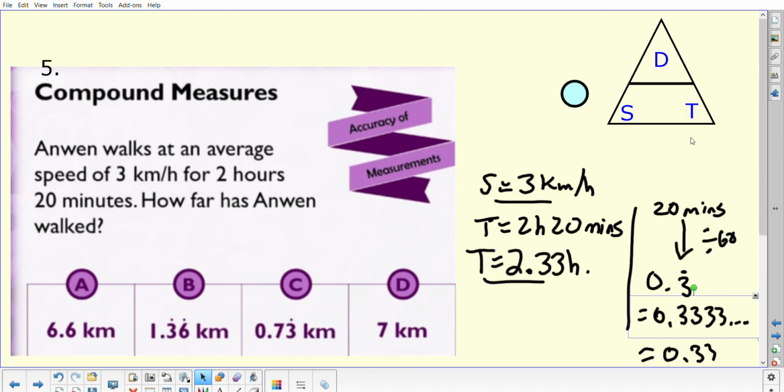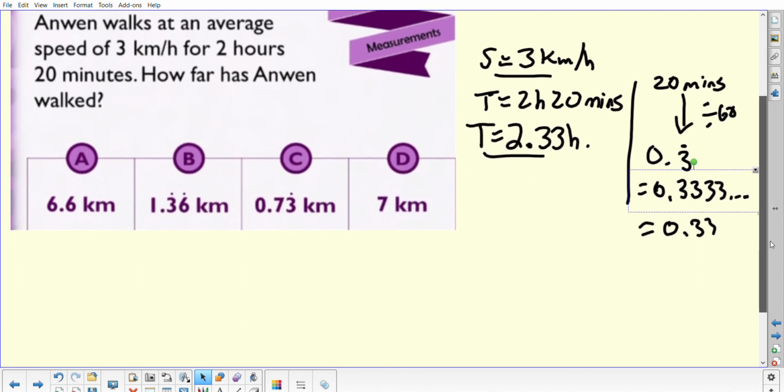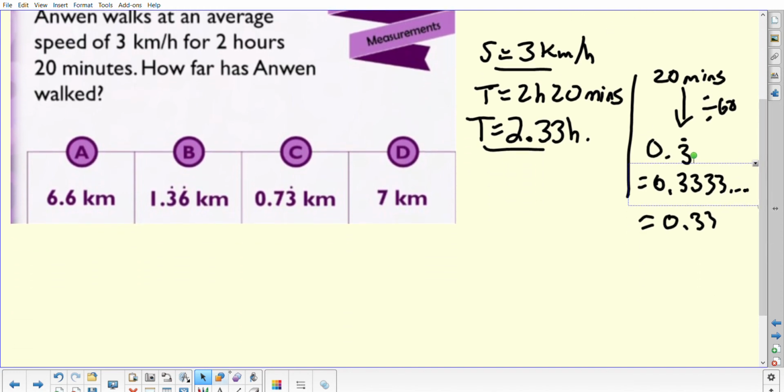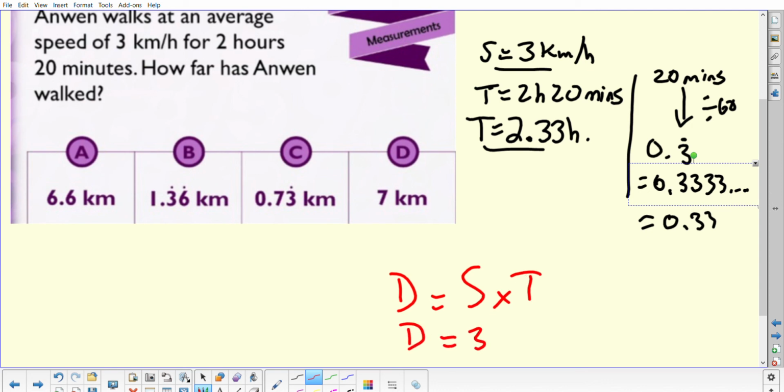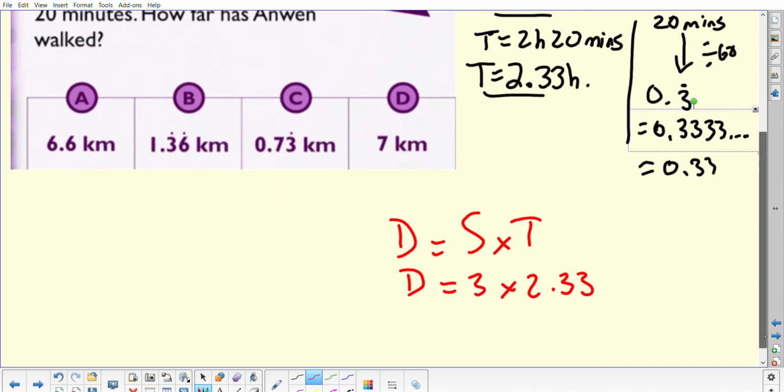We're working out how far, remember, so the how far one was working out the distance formula, and the distance formula, as we've just seen a minute ago, was speed times time. So we are doing 3 times 2.33, and that would give us a distance of 6.99 kilometres.